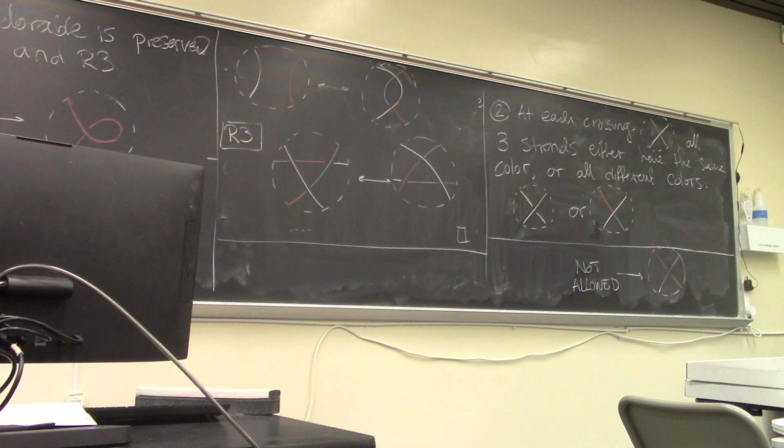Because the unknot is not tricolorable, and this is called the unlink, this is tricolorable. These are not the same, and this is somehow obvious. One contains two circles and the other one contains one circle. It also shows that the unlink is not the same as the Hopf link.